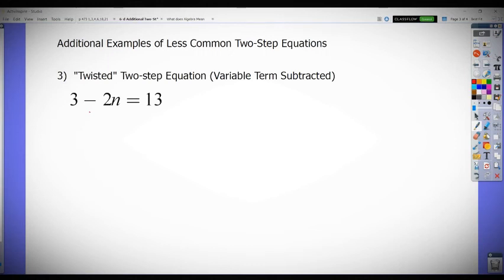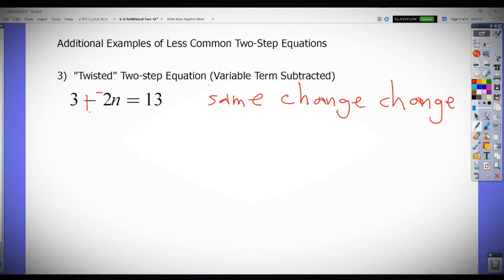But I will tell you that the first thing that you need to do in these problems where you have a negative sign in front of a variable is keep, change, change. We need to change this subtraction to plus and the number after it to its negative. This equation is now 3 plus negative 2n equals 13.